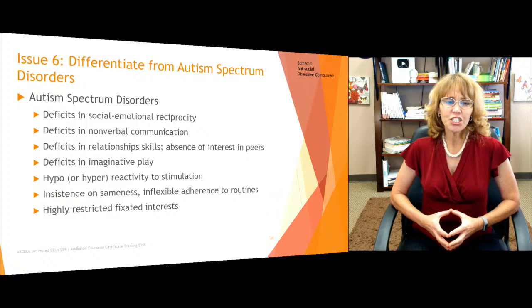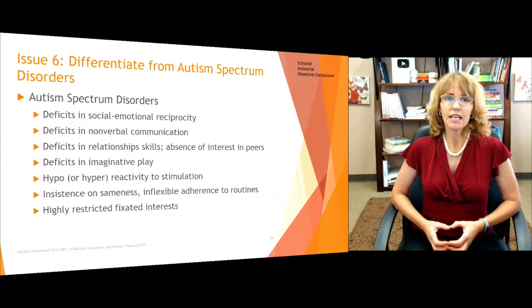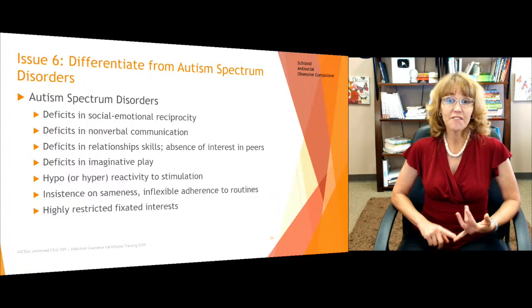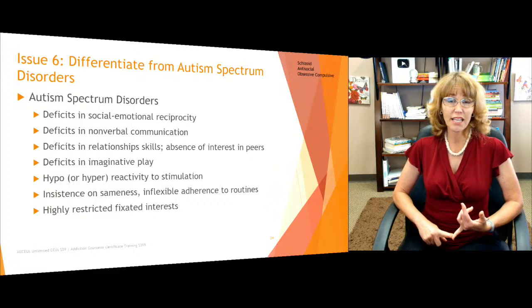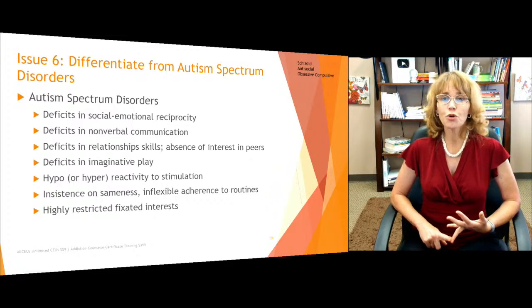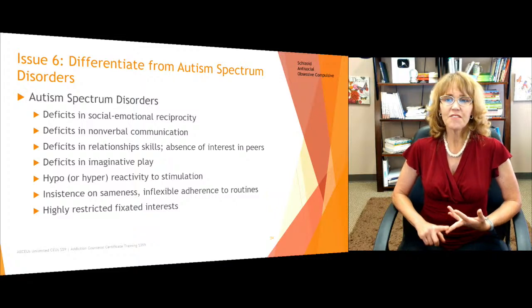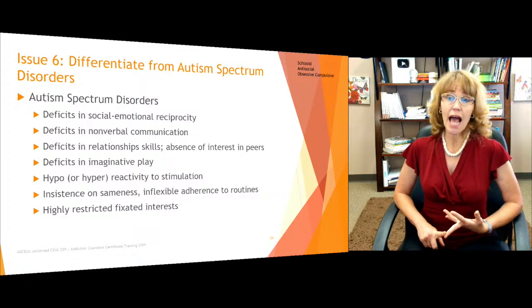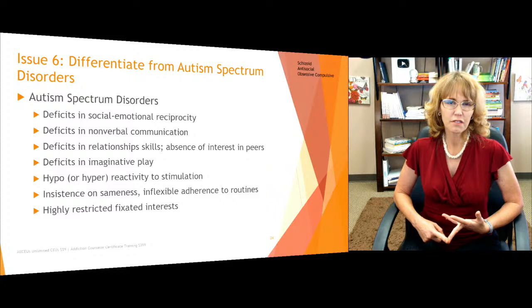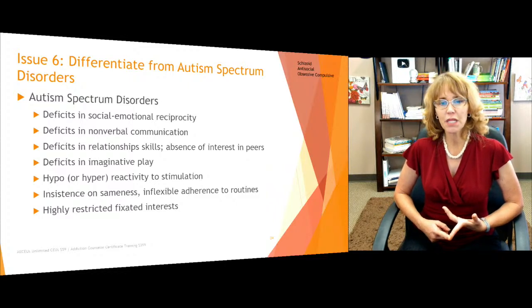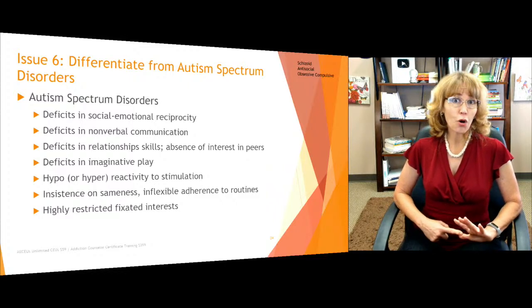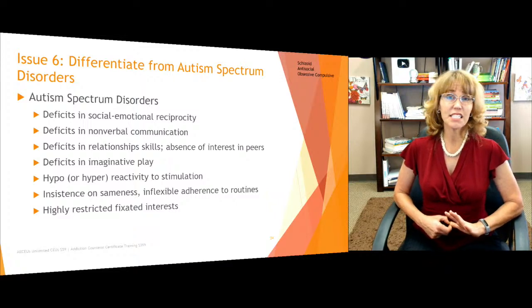Again, we want to differentiate from autism spectrum disorders. People with ASDs may have deficits in social emotional reciprocity, deficits in nonverbal communication, deficits in relationship skills and an absence of interest in peers, deficits in imaginative play, hypo or hyper reactivity to stimulation.